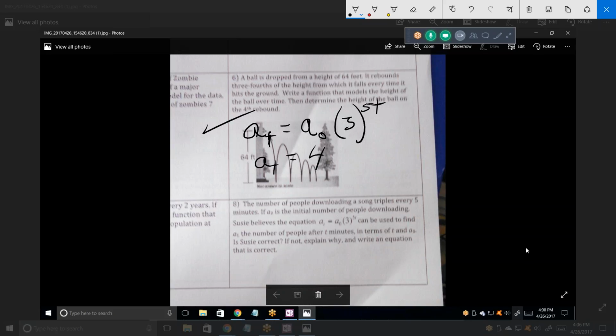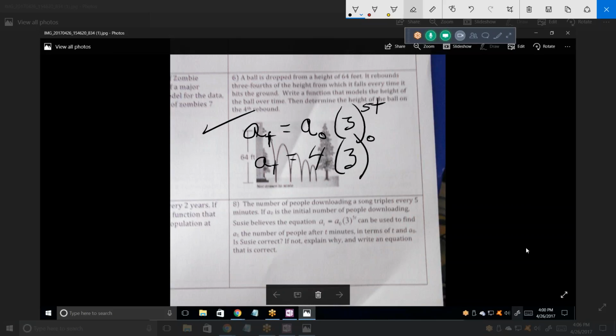So if the initial number of people is 4, then initially that's going to be 4. So when t is 0 minutes, 3 to the 0th is 1, so that works.